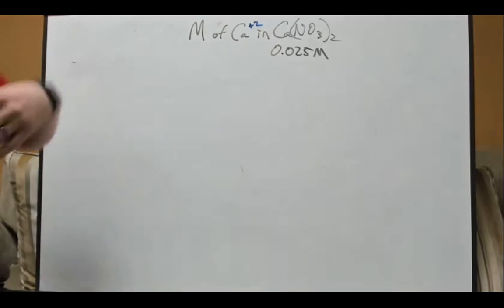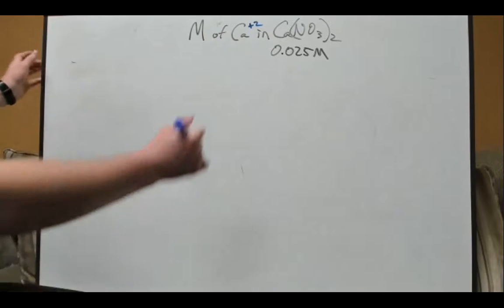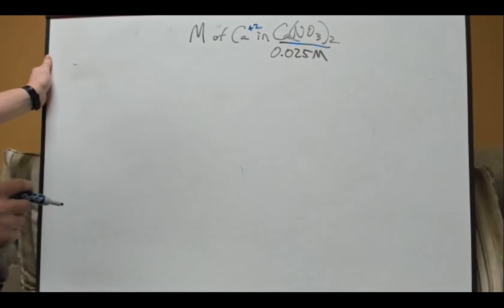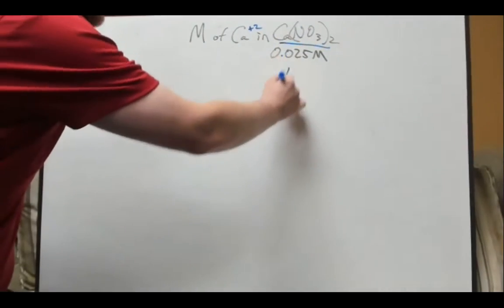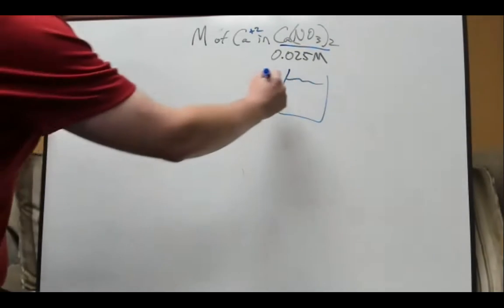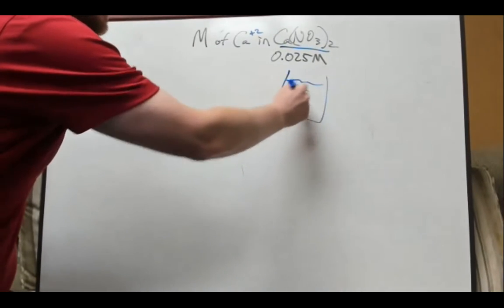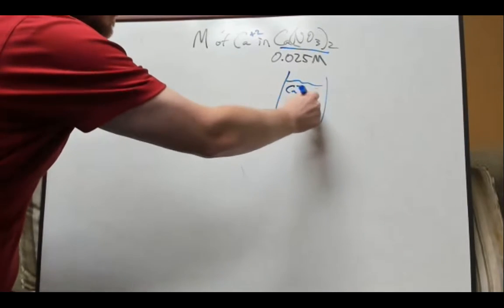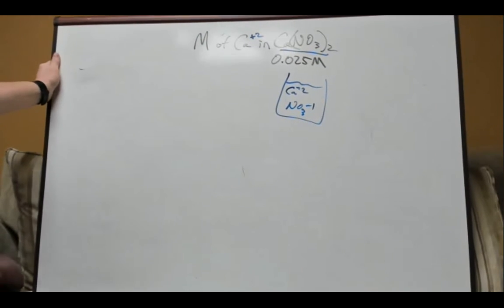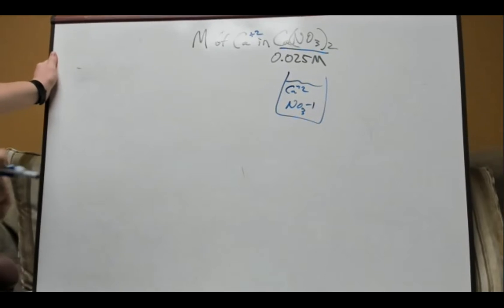When we put an ionic compound like calcium nitrate in the solution, it does not look like the way we write it on the board. Let's say we have a beaker with water, we put our calcium nitrate in, and it actually looks like this. Those ions separate. It's called dissociation. They dissociate.